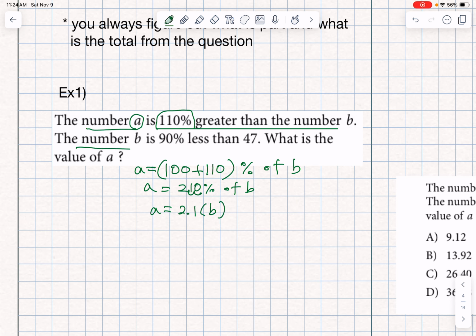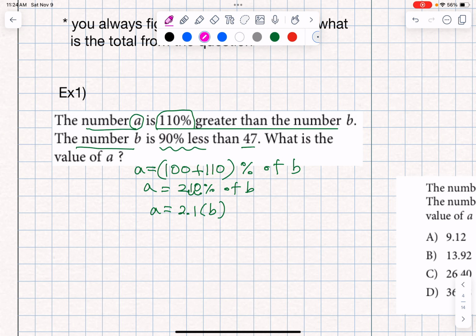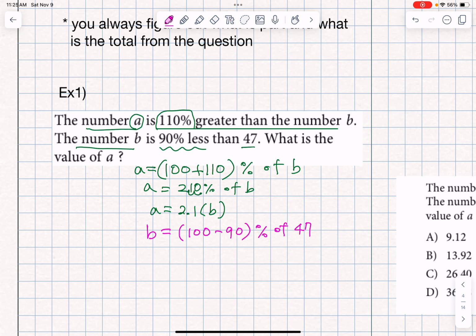Now, the number B is 90% less than 47. 90% less than means, I'm going to change the color, B is 100 minus 90% of 47 because it's 90% less than. If it is less than, 100 minus 90.